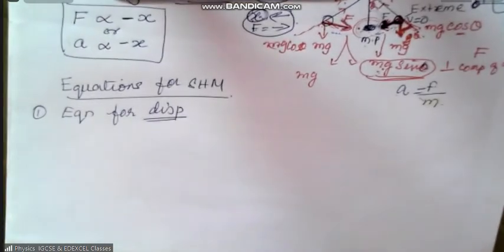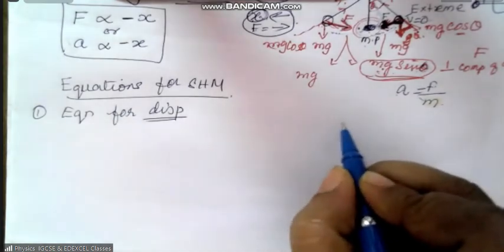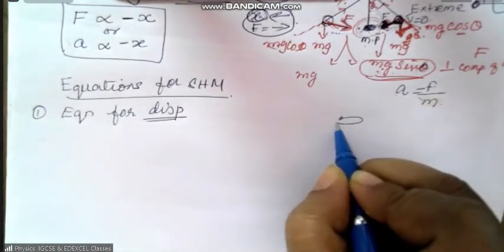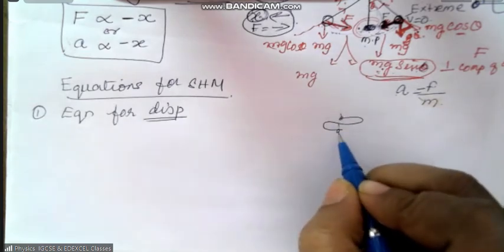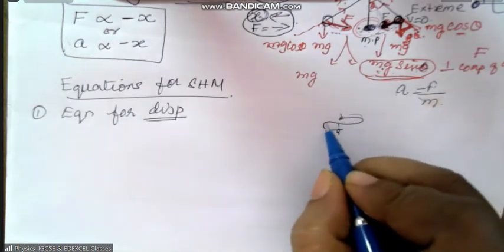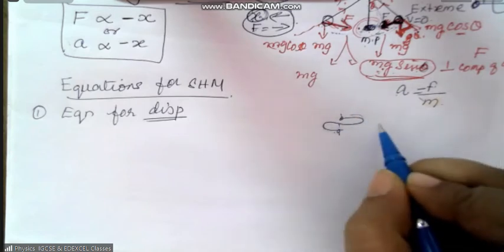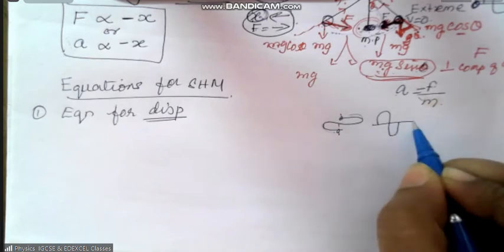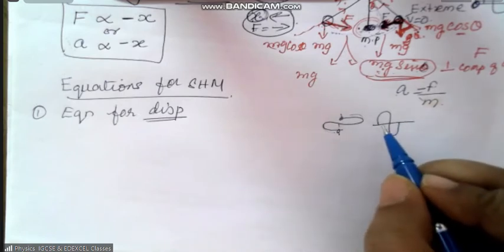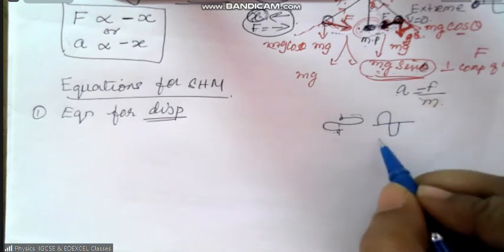Before that, let's have a quick revision of some circular motion. Look here. This is a simple harmonic motion. Now we know this is the mean position. This motion can be very well connected to a circular motion.